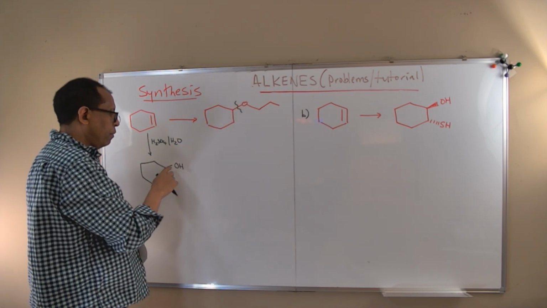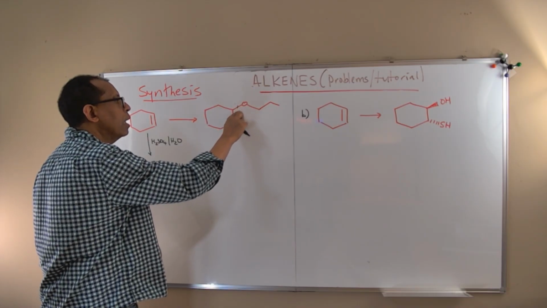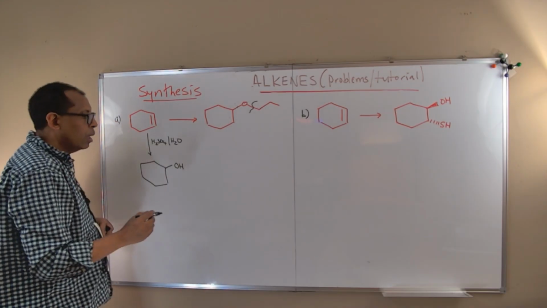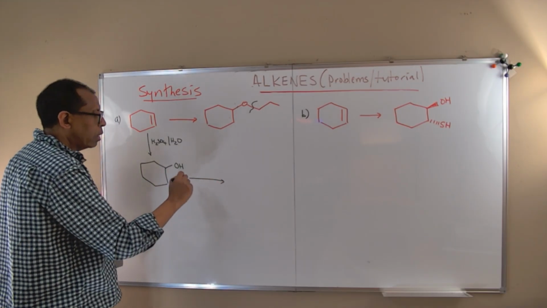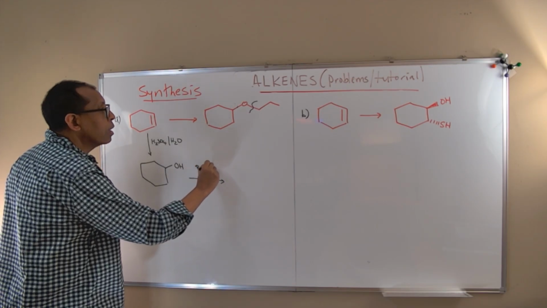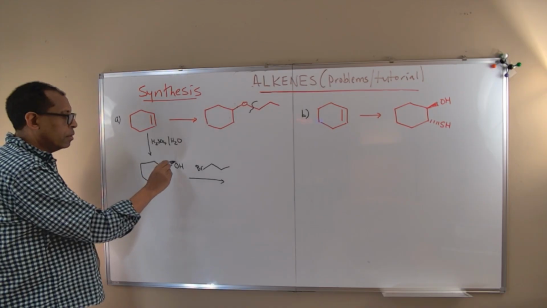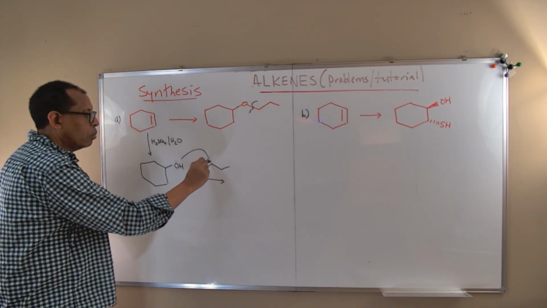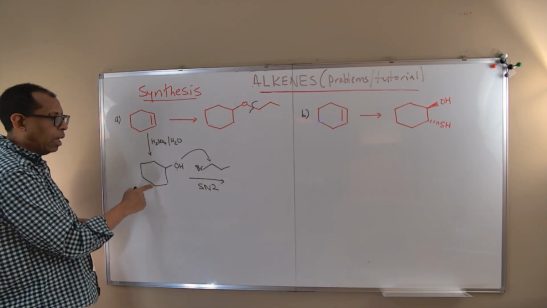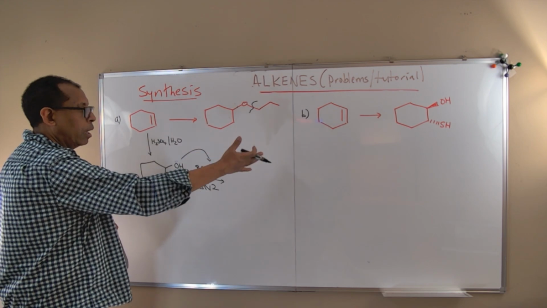So now, if you have the OH on this, what you need is an alkyl halide, which can be used in an SN2 reaction. I can react this with a bromoalkyl halide, which is a 3-carbon one. If this attacks by SN2, which is a Williamson ether synthesis, an alcohol would give me the ether.